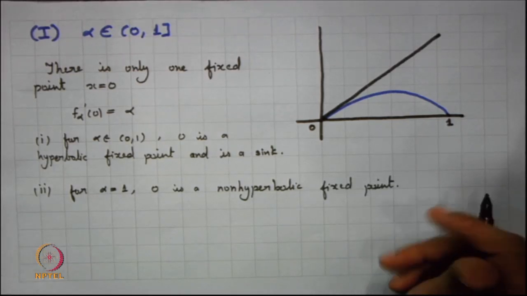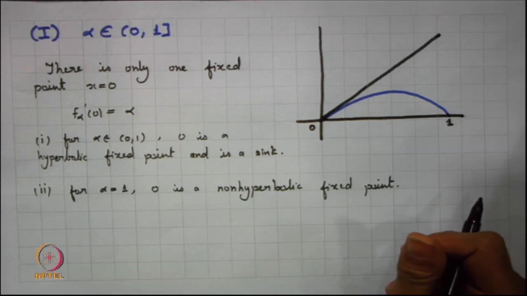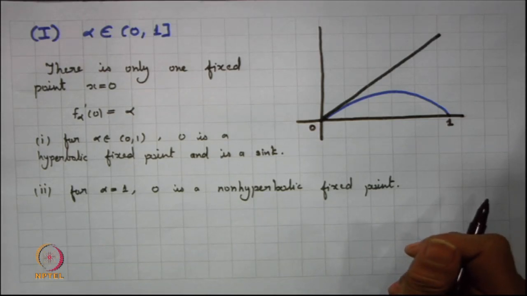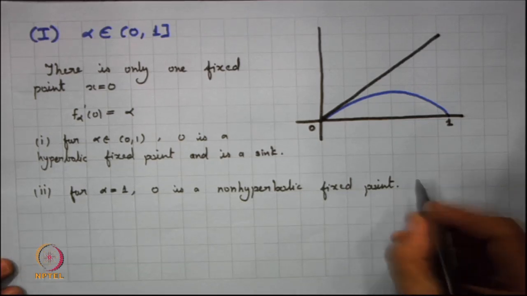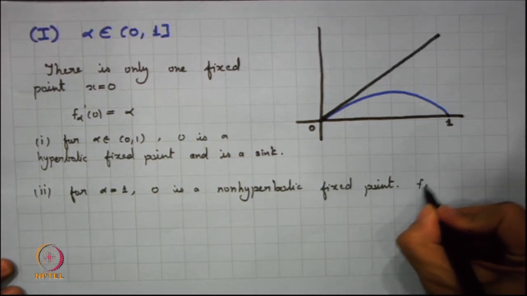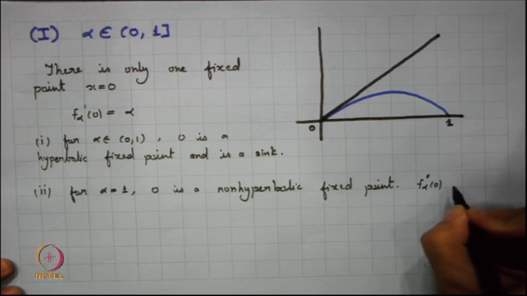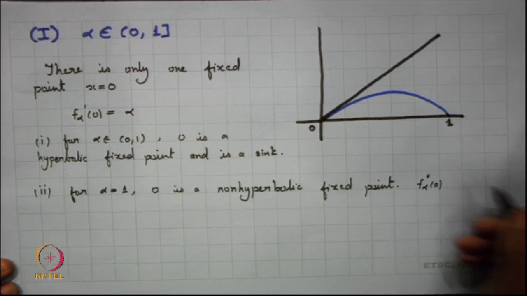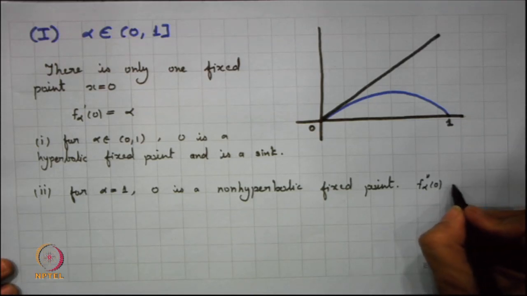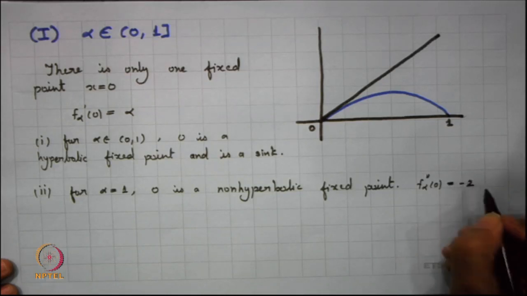So, we have to look into the case of a non-hyperbolic fixed point. What is f alpha double prime at 0? We find that f alpha double prime at x is equal to minus 2 alpha. So, this happens to be equal to minus 2, which is not equal to 0.